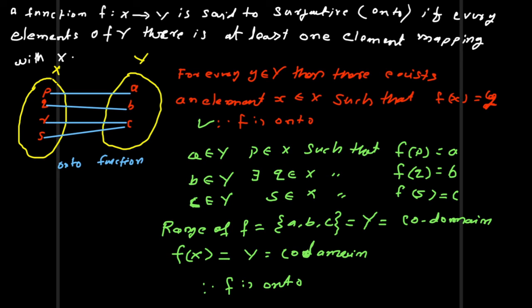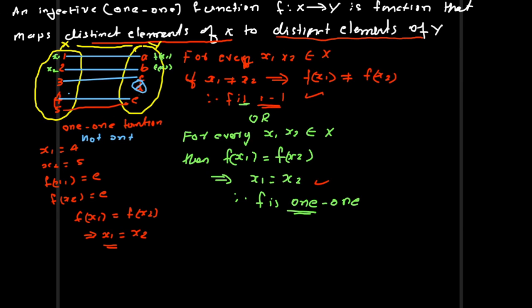Here, listen, the r and s have the same mapping c. So this is not a one-one function, so this is not bijective. Then in the second example, this is a one-one function, but not an onto function. So this is also not a bijective function.